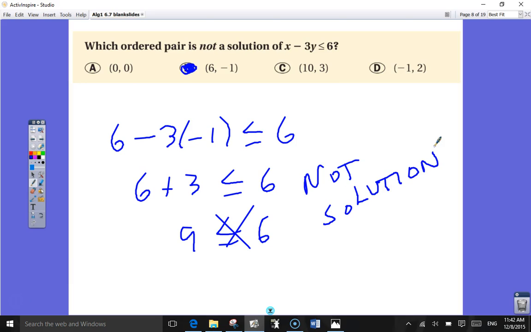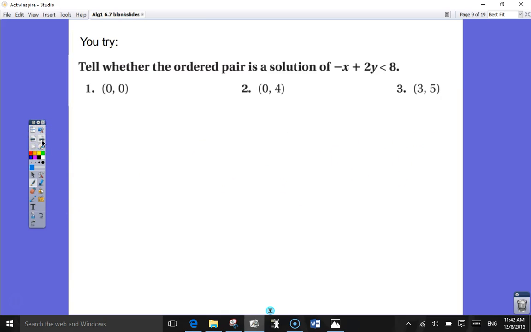Okay. So when we tested equations, we had to have equals on one side, right? One thing equals the other. Now it's going to be a less than or a greater than. Let's try, I think the next is the you try. Tell whether each one of those points is a solution of the given inequality. Was number 1 a solution? 0 plus 0 is less than 8.